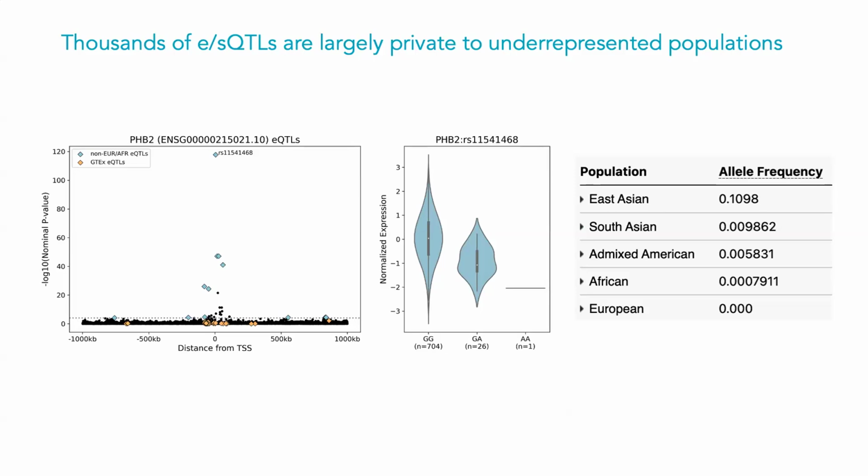So this is an eQTL mapped within this gene PHB2 within our study that was not identified in the GTEx study. The orange are the GTEx p-values.